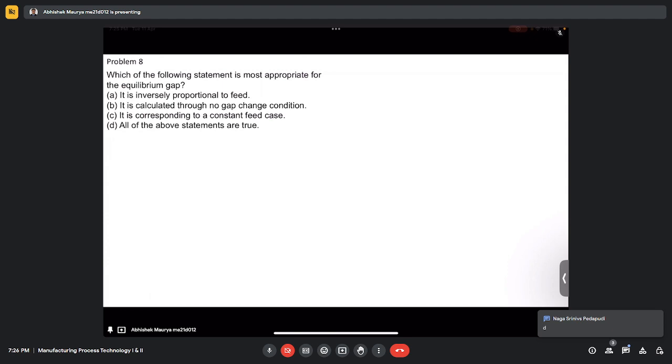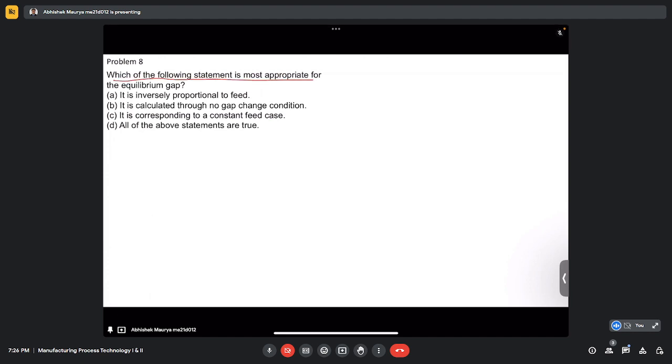Okay, yes, correct. Let's try to see what has been asked in the question. Which of the following statements is most appropriate for the equilibrium gap? So as I told, let's quickly draw the diagram which I drew in the earlier problem.